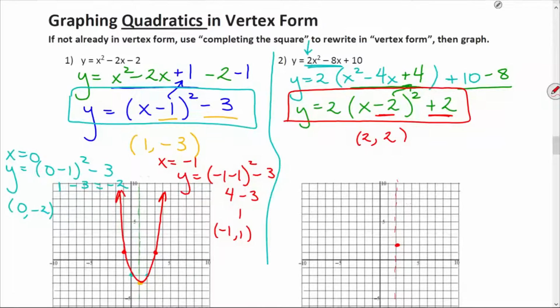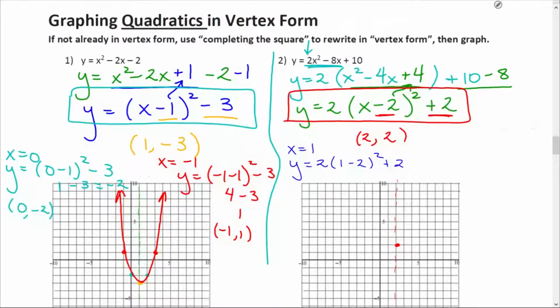Okay, now I'll plug in some points, and I think the points x equals 1 and x equals 0 are probably easiest to work with because they're small numbers and they're close to the vertex. If x equals 1, then I get y is equal to 2 times 1 minus 2 squared plus 2. 1 minus 2, starting in the parentheses, is negative 1.